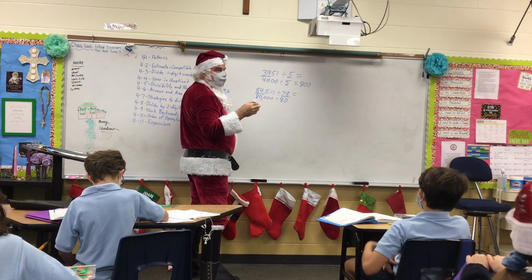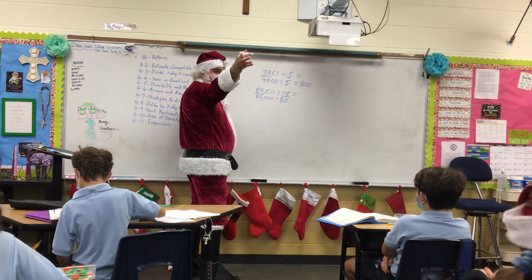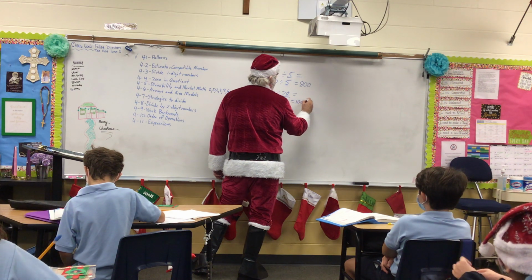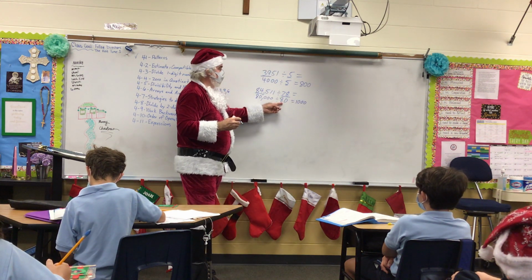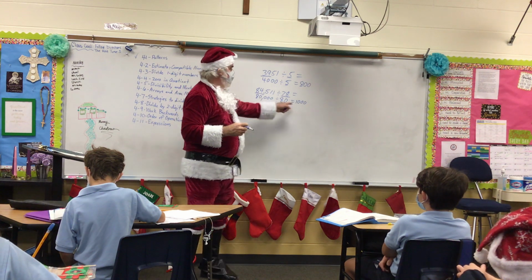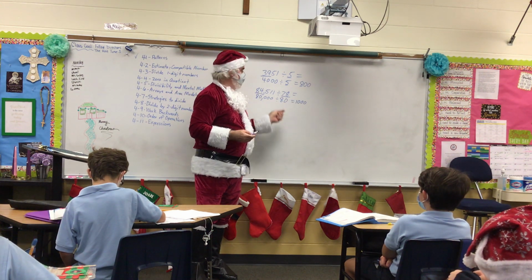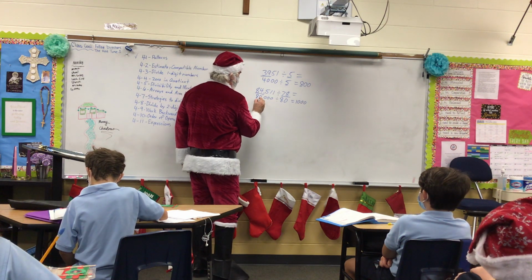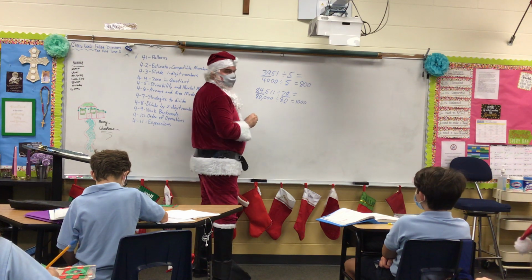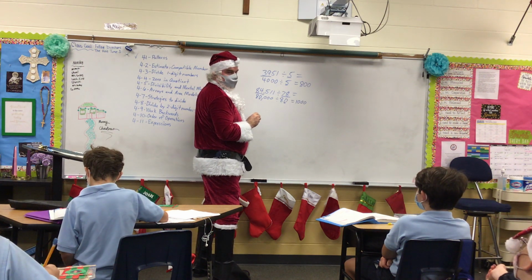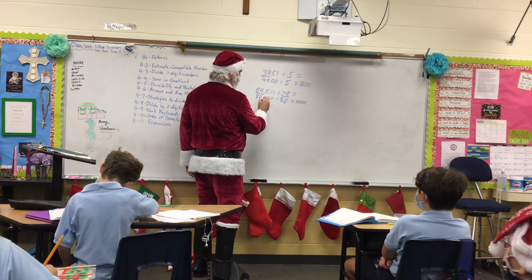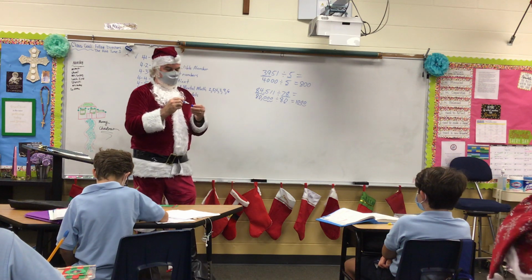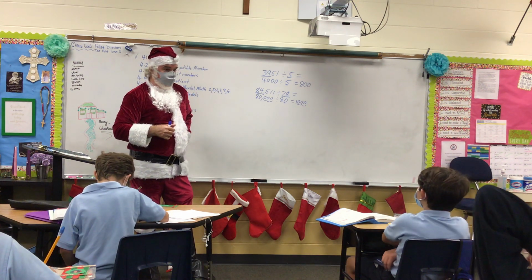No. 1,000. 80 times 1,000. 80 times 1 is 80, and then you have the 1,000 after it. You have the 80 here, you got that 0 and that 0. So then you have 3 that are left over. So it's 1,000.